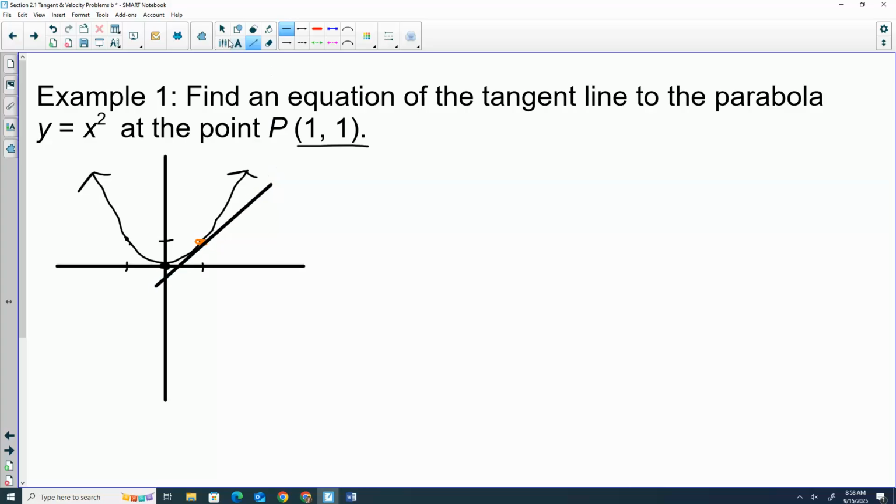Okay, so for instance, that line. Now, can I just look at that line I drew and pick 2 points on it and get my slope from there? No. Did I do a great job drawing that line? No. It is far from perfect. So that might get me close, but it's not going to get me exact.